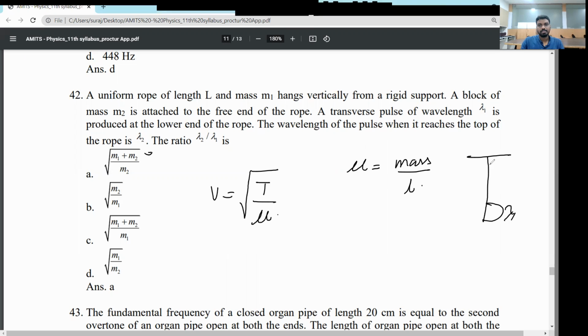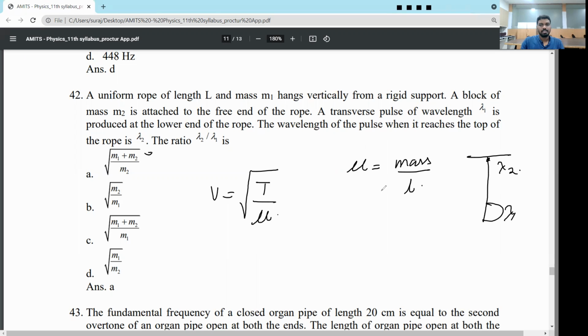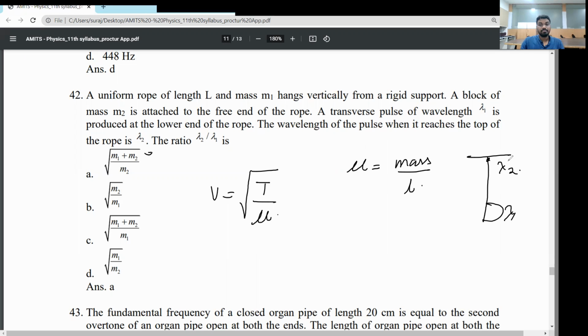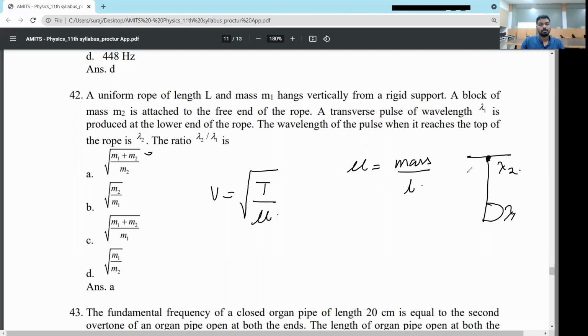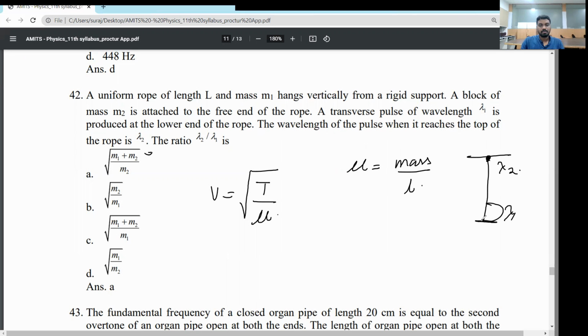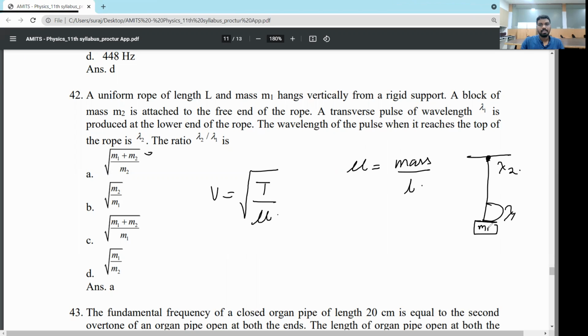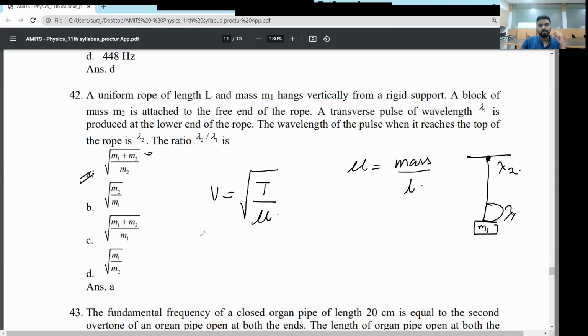See, when it reaches the top, the mass will be the mass of the object which is hanging, which is M2, and also the mass of the rope, which is M1. So λ2 by λ1 will be the ratio of the masses, root over (M1 plus M2) divided by M2.